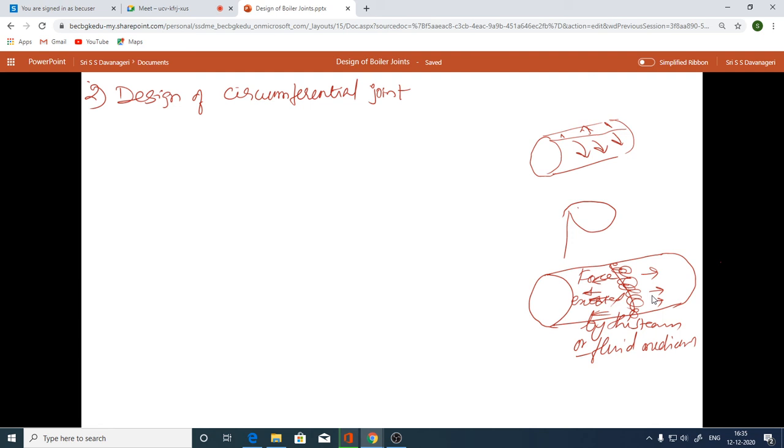Now as the riveting has to be done, the same diameter of rivet is going to be used for the longitudinal joint as well as for the circumferential joint, because the plate thickness is the same.